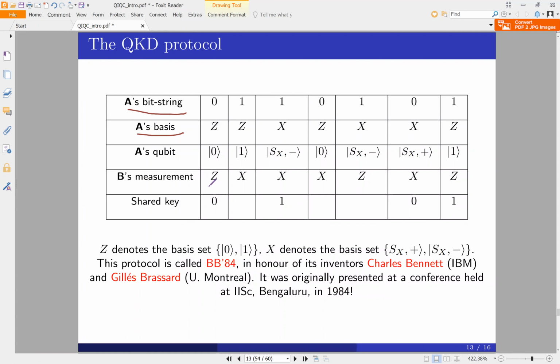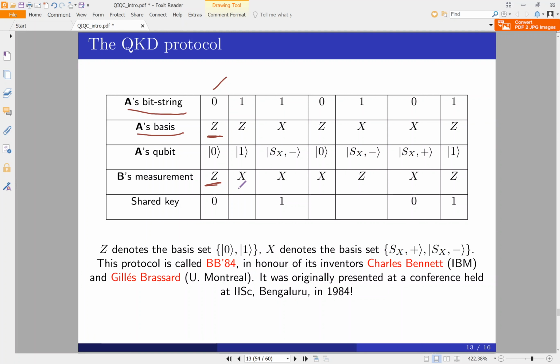Now look at the first instance. B's random choice coincides exactly with A's random choice. So if B measures ket 0 in the sigma z basis, then the outcome is going to be 0 and their classical bit values will match. So this is an instance where they will get a correlated classical bit, and so this contributes to the secret key.